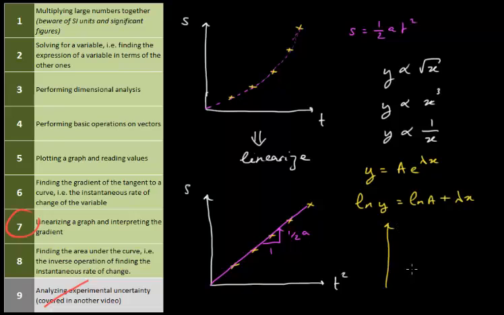So when you graph ln of y versus x, you are supposed to obtain a line with intercept ln of a and gradient lambda. By reading the intercept and the gradient, you'll therefore be able to determine these two variables a and lambda and determine the relationship between y and x.